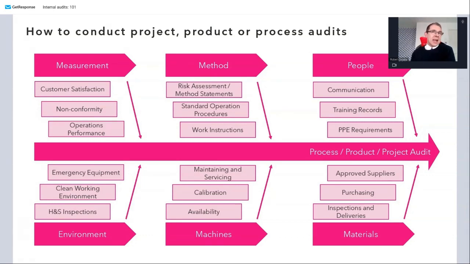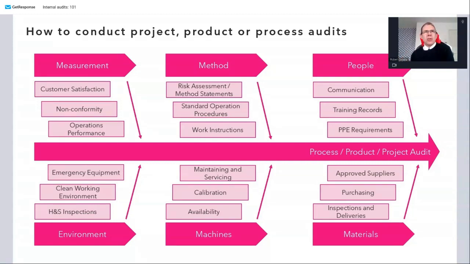Risk assessments and method statements are obviously key in that as well, making sure that we've minimized those risks and we're happy that it's a safe environment. Risk assessments are another method to make sure that people are working in a safe environment. People may be operating with certain liquids and chemicals as part of any food production. Cost assessments may form part of that process.